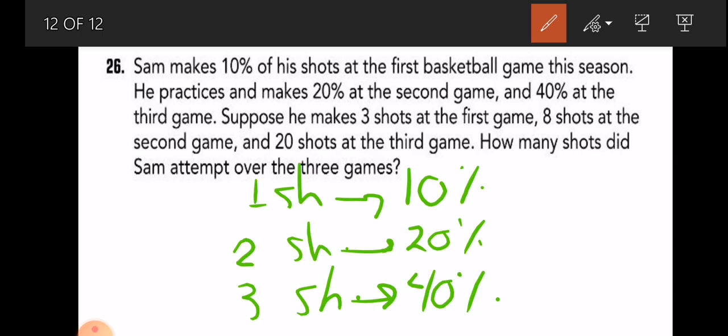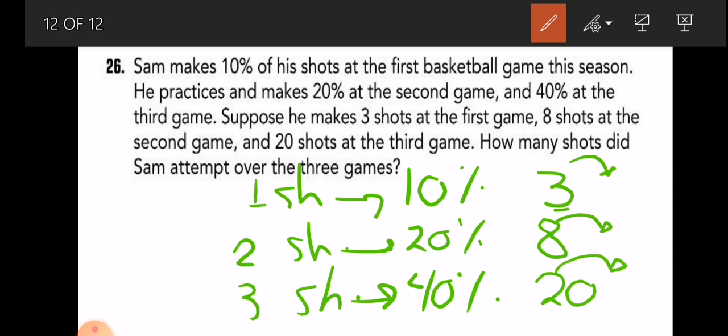Suppose he makes 3 shots at the first game. So this percent represents 3 shots. Here, the second game, they are 8 shots. At the third game, it's 20 shots. 3 from what? 8 from what? 20 from what? It means when he's playing basketball and he's throwing the ball a number of times.